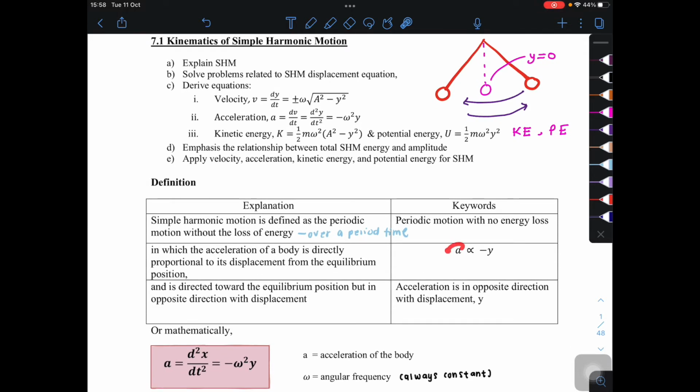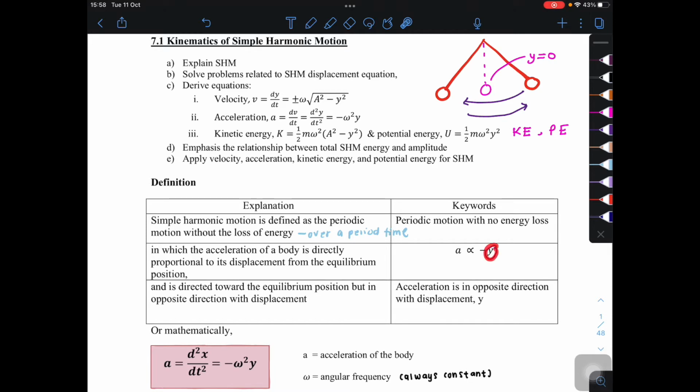Okay, so the acceleration is directly proportional to the displacement. In this topic kita gunakan simbol Y untuk represent displacement. Before this, dalam linear motion kita gunakan S, right? And dalam rotational motion and also circular motion kita gunakan angle untuk represent displacement.